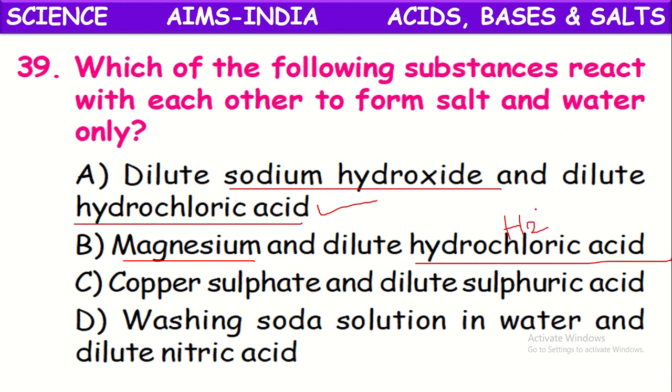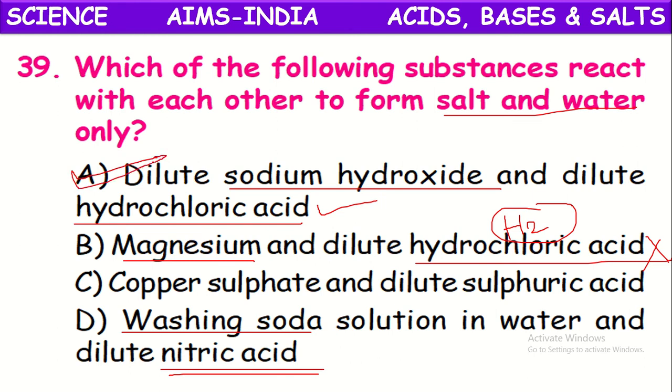But here they're asking only salt and water, so it won't be the correct answer. The next one, copper sulfate and sulphuric acid, they produce sulfur dioxide gas also. The fourth one, washing soda and nitric acid. Washing soda means sodium carbonate. Sodium carbonate on reaction with nitric acid forms carbon dioxide gas also along with salt and water. But only in the first reaction are salt and water formed.